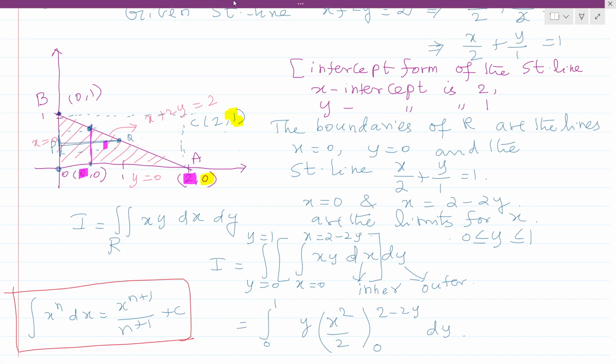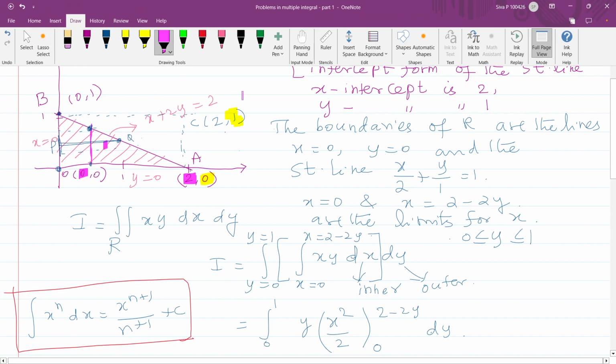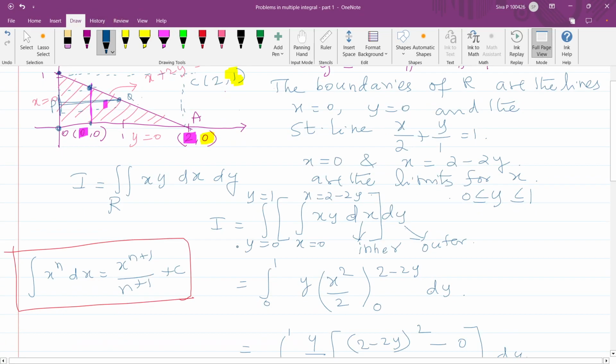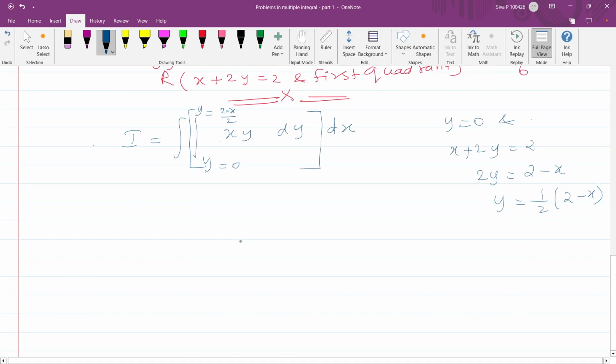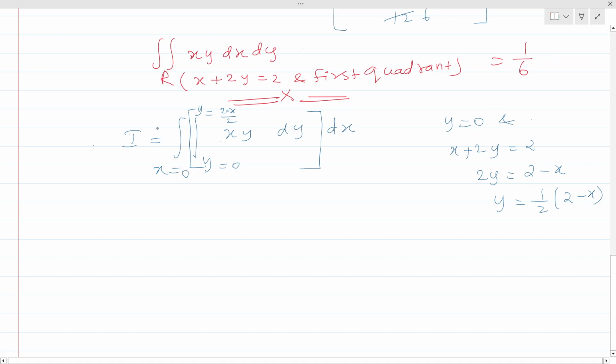So this is the limits for x. You can write the limits for x here: x equal to 0 to x equal to 2.